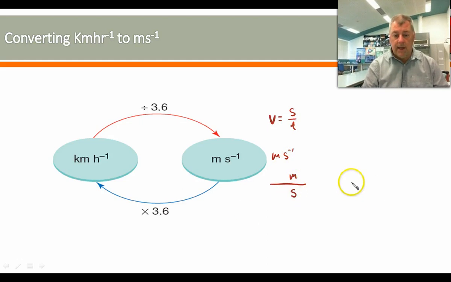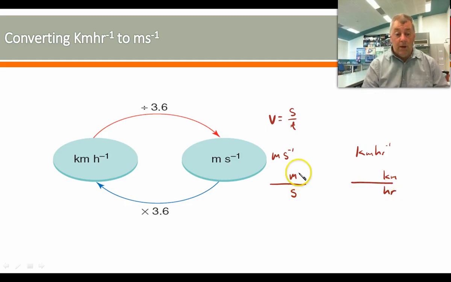Now if we're saying that we want our velocity, using this formula, to be kilometers per hour, we would have our displacement in kilometers and our time in hours. Now how do you convert one to the other?